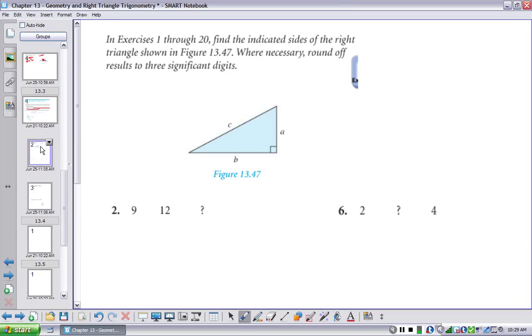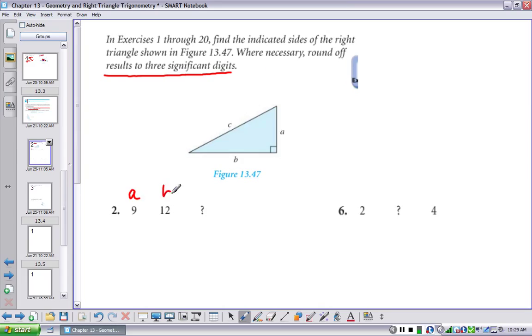You need to make sure that you read the instructions. It says to find the indicated sides of the right triangle shown in the figure. Where necessary, round off the results to 3 significant digits. So you may have to go back to chapter 2 and review significant digits.